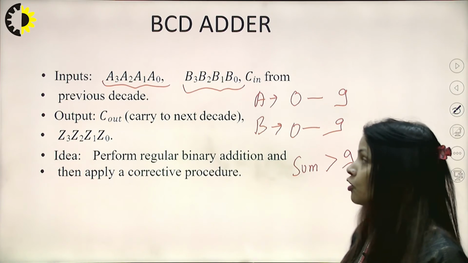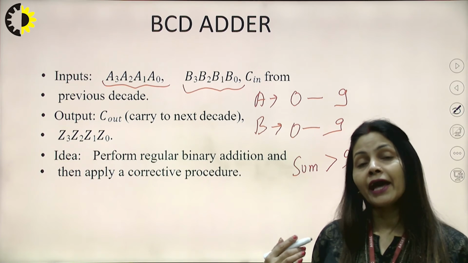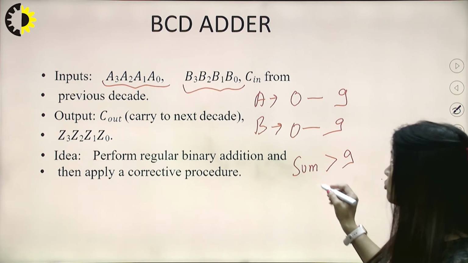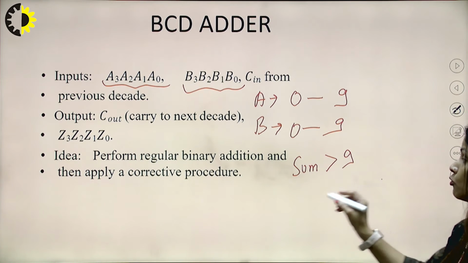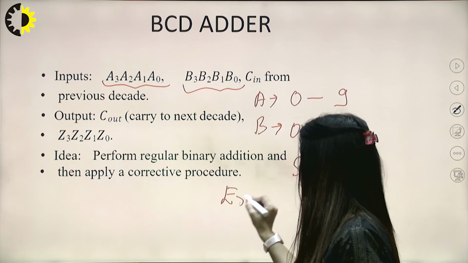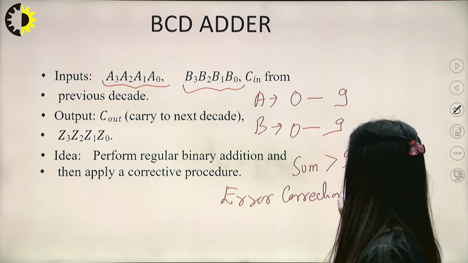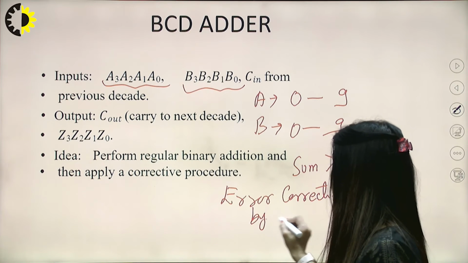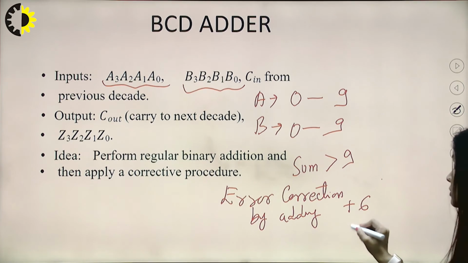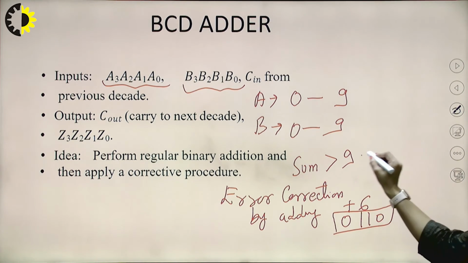So whenever we have an illegal code, we perform an error correction, which is done by adding 0110 to the sum.